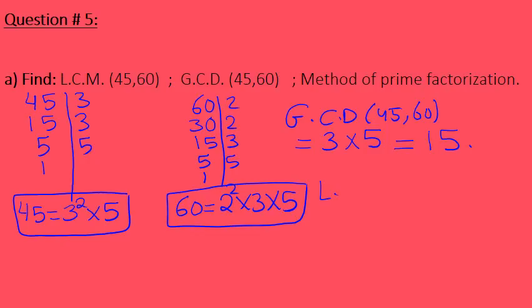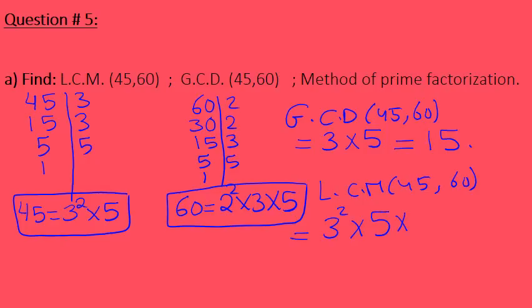Now we should get the LCM of 45 and 60. In LCM, what do we choose? We choose the common and not common bases with the greater exponent. If we have 3 squared or 3? 3 squared. 5 or 5? 5.